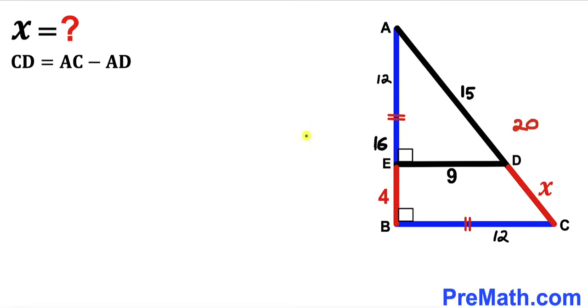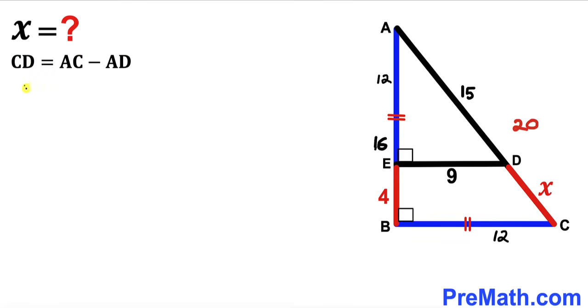And here's our final step. Now let's make an observation. We can see that CD length is equal to the whole AC length minus segment AD length. As you can see in the given equation, CD equals AC minus AD, where CD length is represented by x, AC length is 20, and AD length is 15.